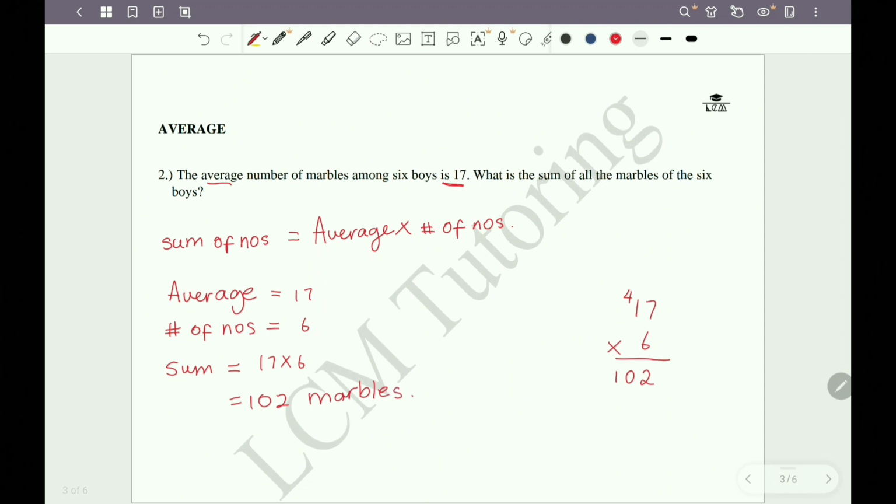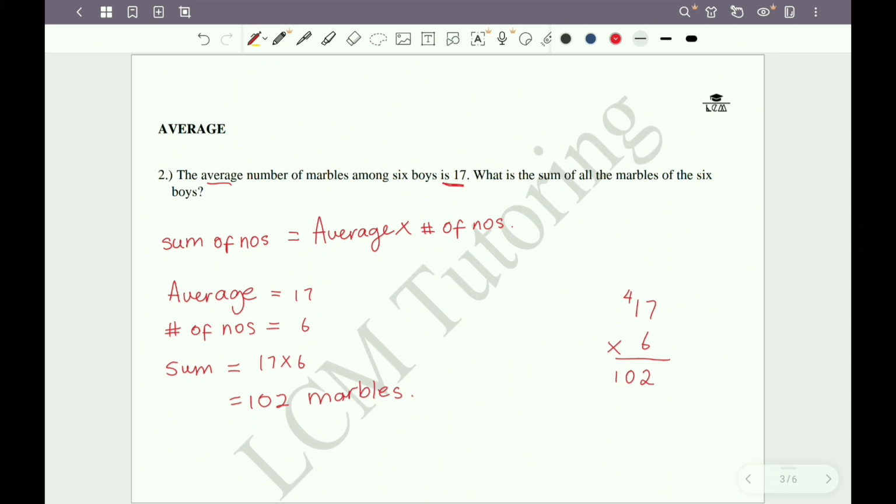So how do we interpret that? Well, if we did have the individual number of marbles of each boy and we added it up, we would get 102 marbles. But this is just a quicker way, right, which uses the link between average and sum so that we don't actually need to know how many marbles each individual boy has, right?